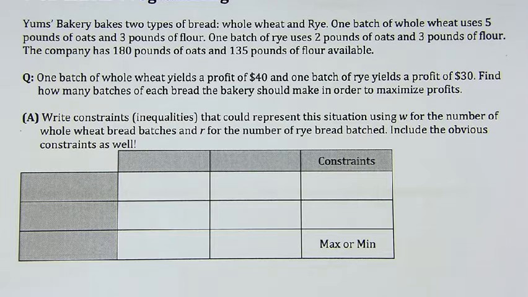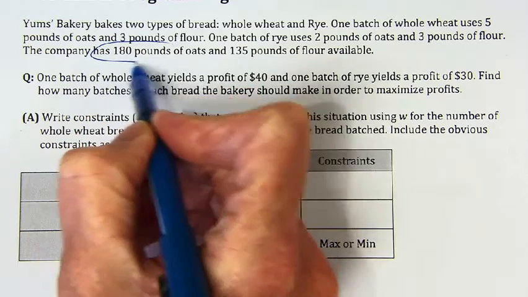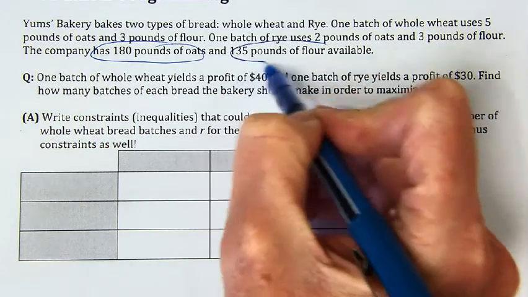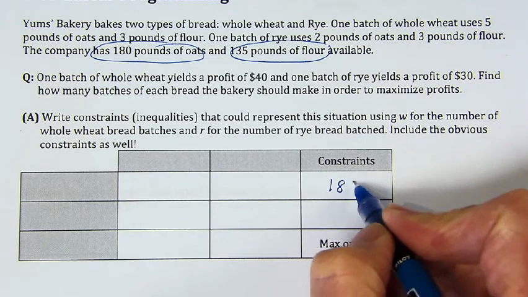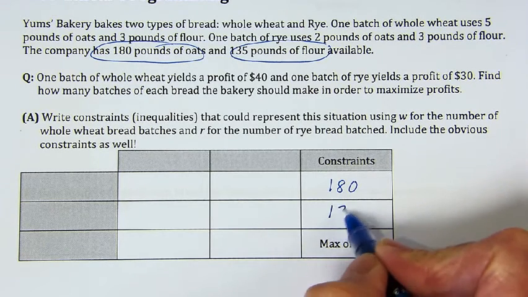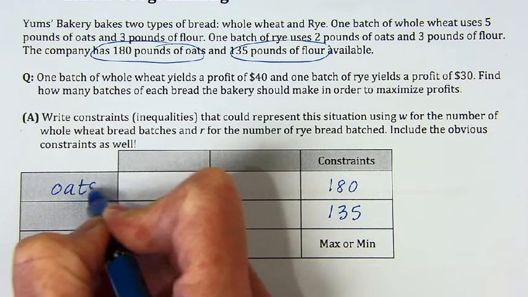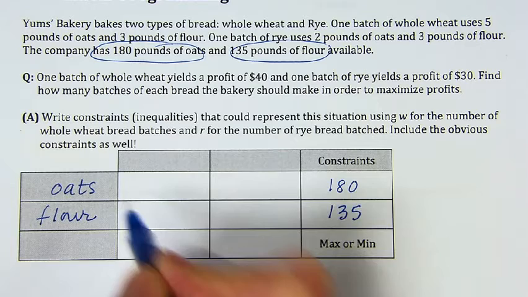Well, a constraint means a limitation. And as I read this, we have 180 pounds of oats and 135 pounds of flour available. So to me, those are my limitations. I have 180 pounds of oats and 135 pounds of flour.